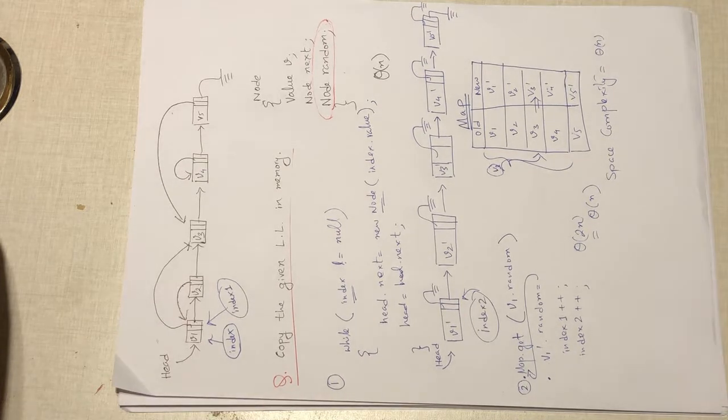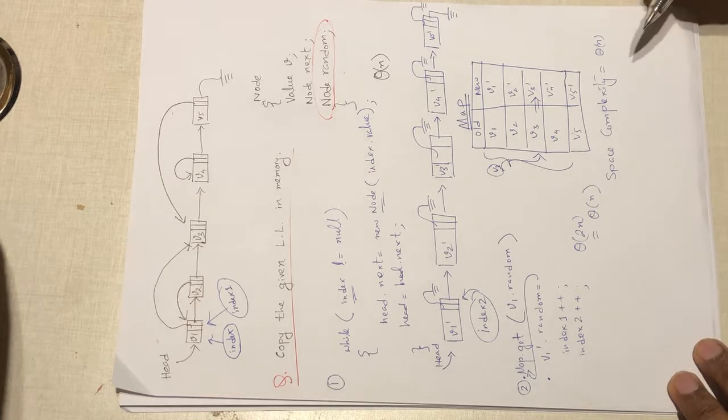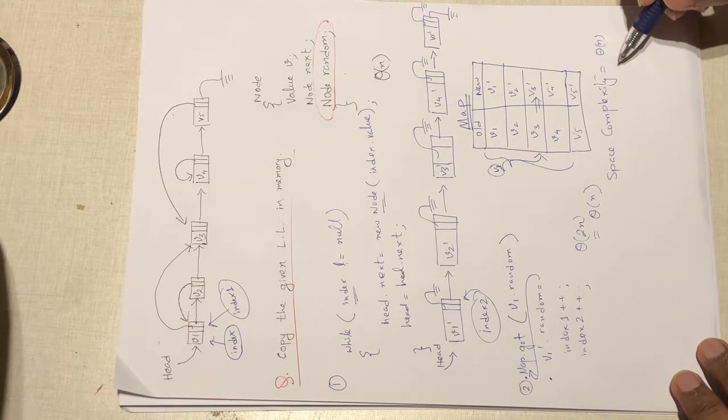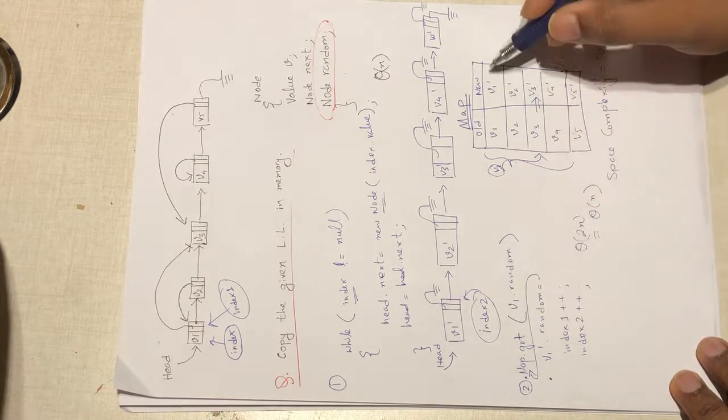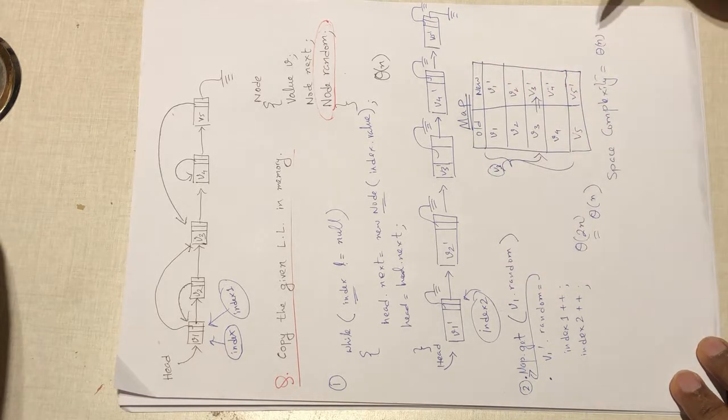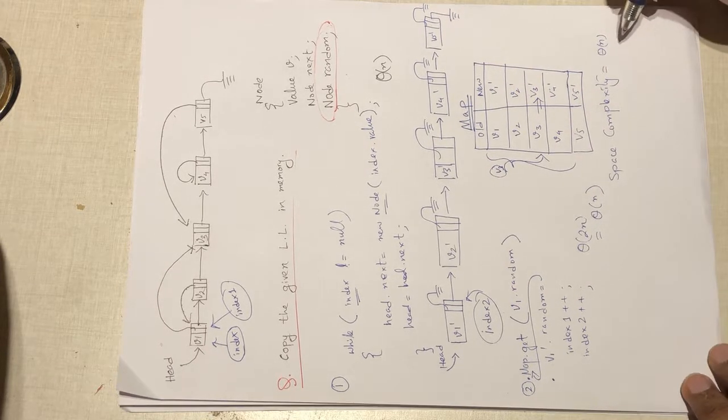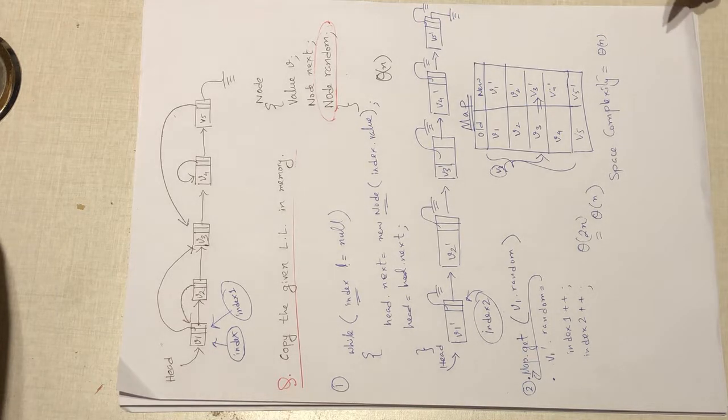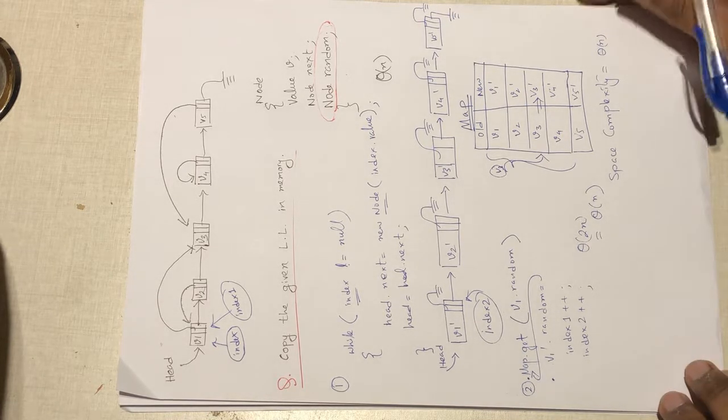You cannot reduce the space because you need the mapping between 2 nodes as well. So this space complexity is not including the space which you are creating or copying, because that is what the problem asked. While doing our algorithm, how much space we are taking.